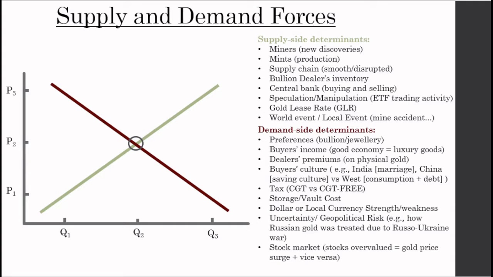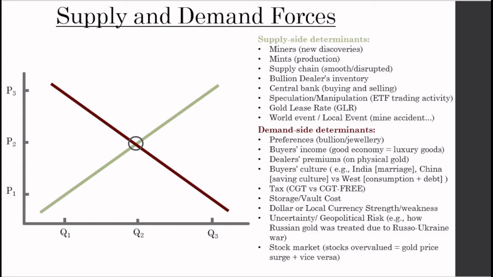To keep it simple, on the y-axis we've got the price, and on the x-axis we've got quantity. The green line represents supply, which shows the quantity of gold firms wish to supply and for what price. And the red line represents demand, which shows the quantity of gold consumers, customers or investors wish to buy and for what price.